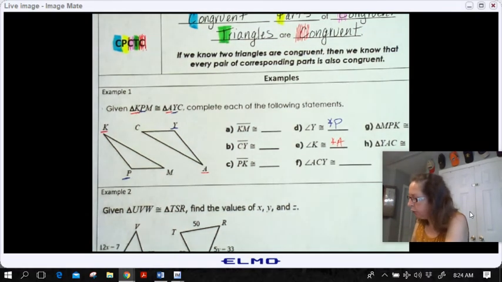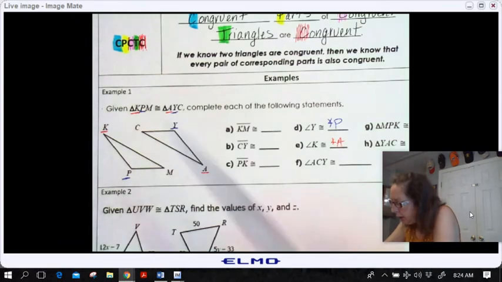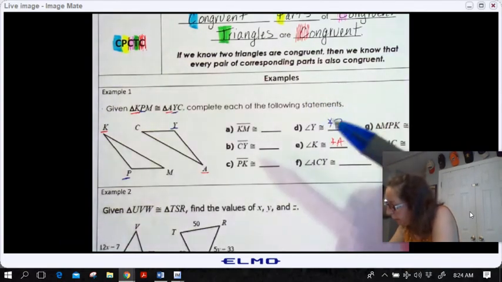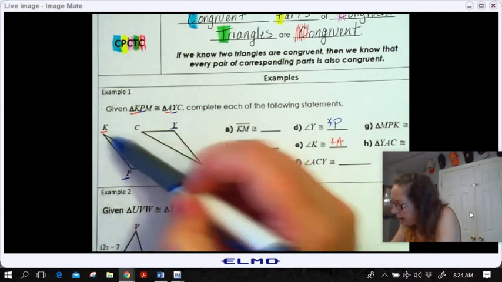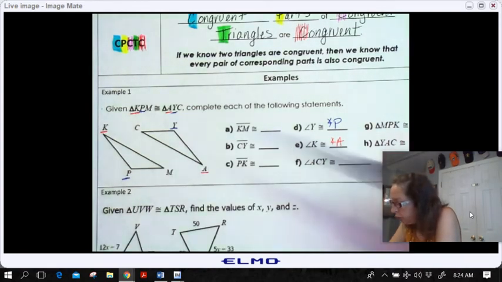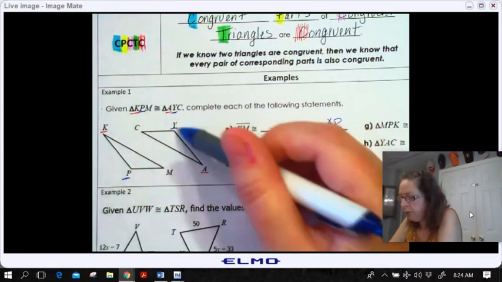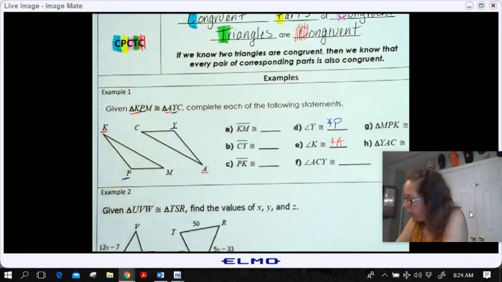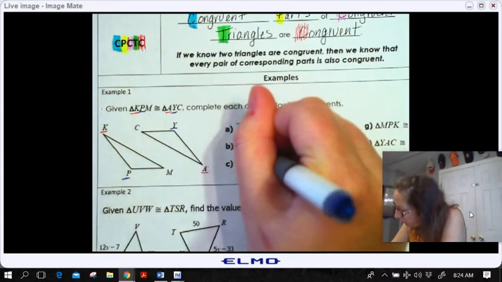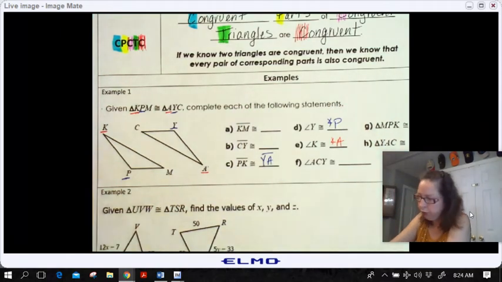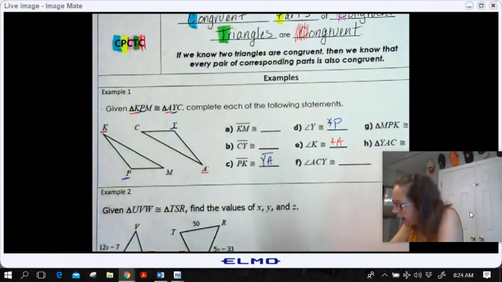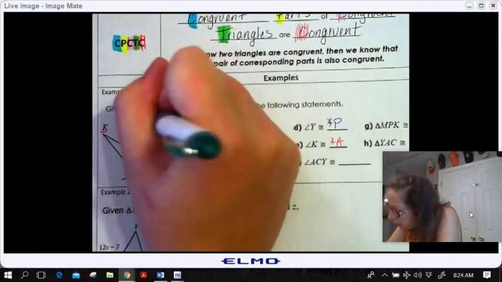Here's what else we can say now. Let's see, we have PK. PK from blue to red is congruent to YA. Notice I go from blue to red. Let's use a different color. Got blue, red, let's do green.